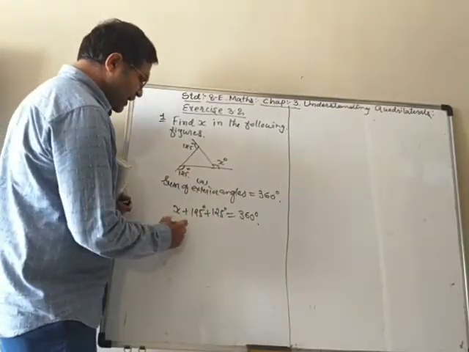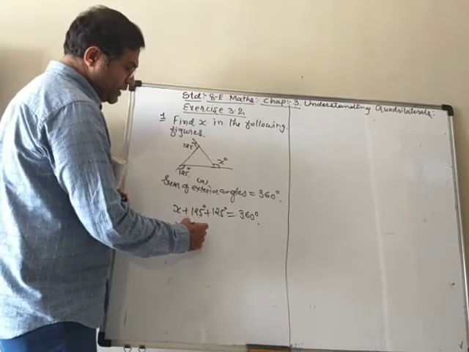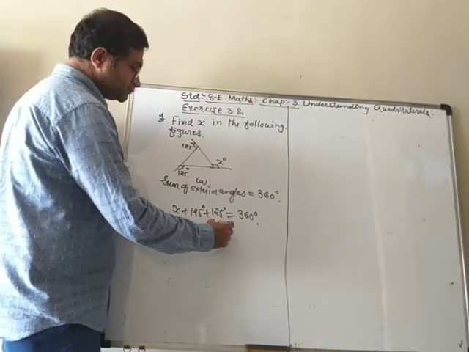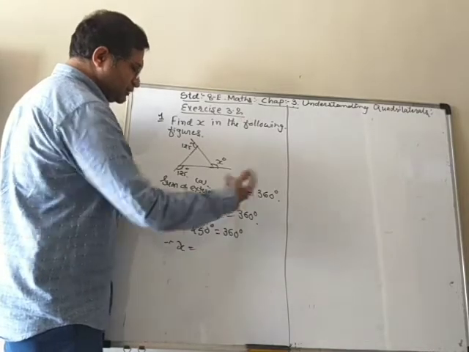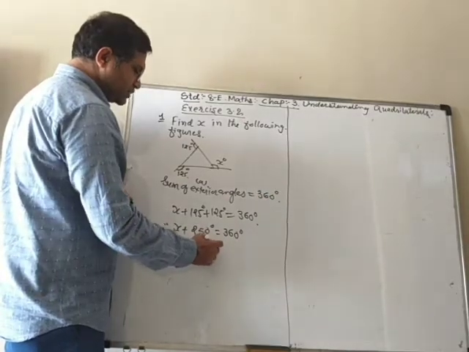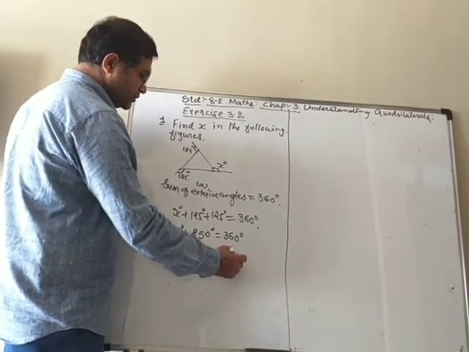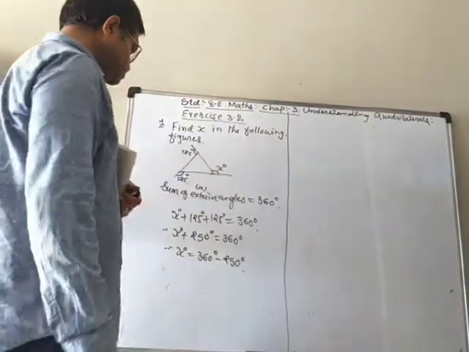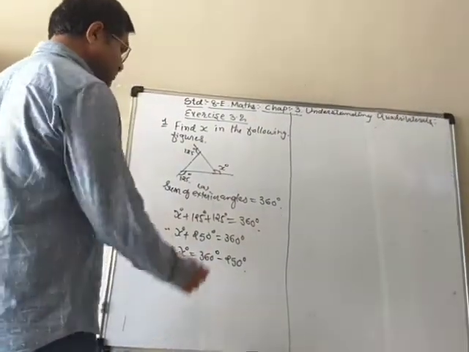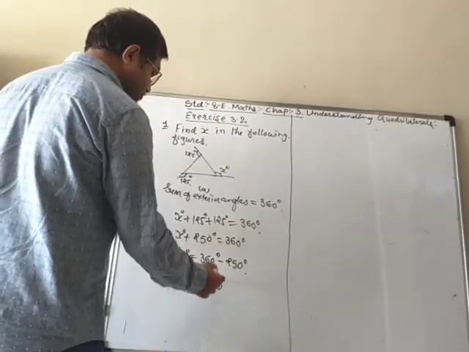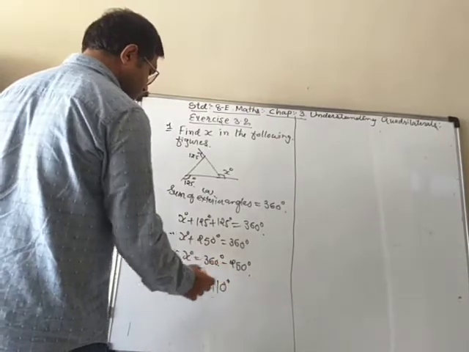So x plus 125 plus 125 will be 250. Now 250 will go to that side, so x is equal to 360 degree minus 250 degree. Therefore x: 360 minus 250, 0 minus 0 is 0, 6 minus 5 is 1, and 3 minus 2 is 1.